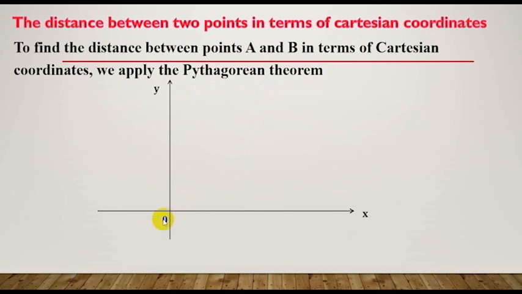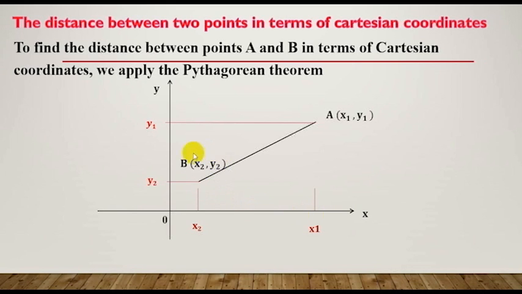Let's say we have x and y, with x1, x2, y1 and y2, and we have a distance between the two points. Here A is x1, y1, and B is x2, y2.